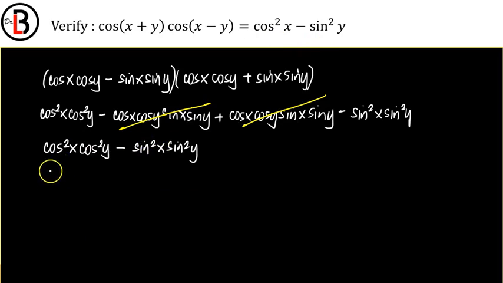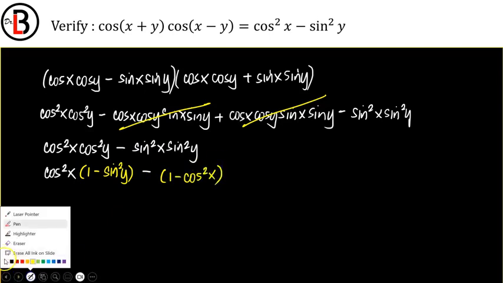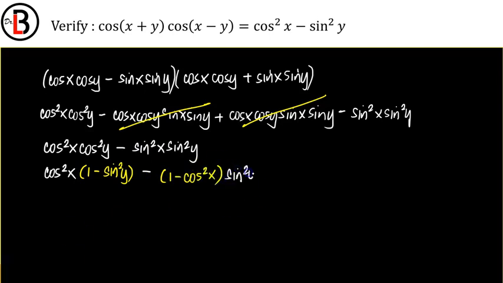So maybe we can keep the cosine squared x, but this one, we can rewrite as 1 minus sine squared y using the Pythagorean identity. And then this one, we don't need the sine squared x. That has to be cosine. So this one will be 1 minus cosine squared x multiplied to sine squared y.